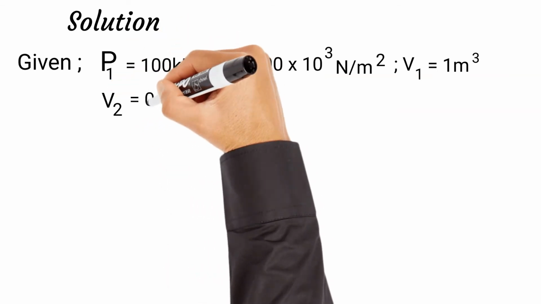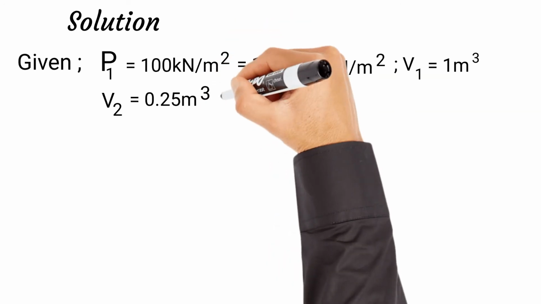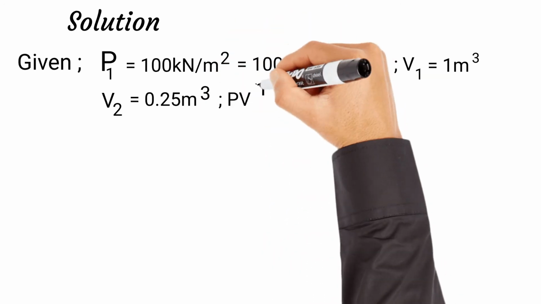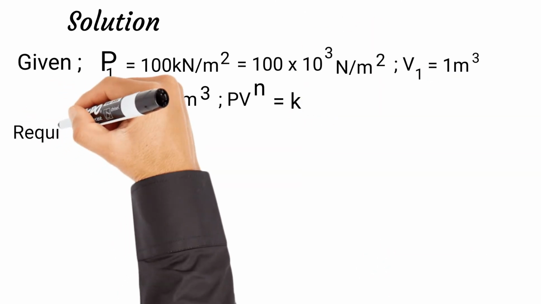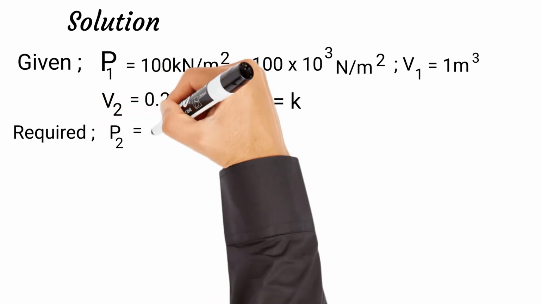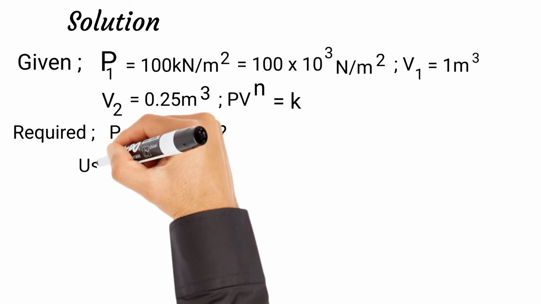V2, 0.25 meter cube. Then we are given a law, PV raised to the power n equals constant. Required, what are we looking for? We're looking for P2, the second pressure, and the work in that process.